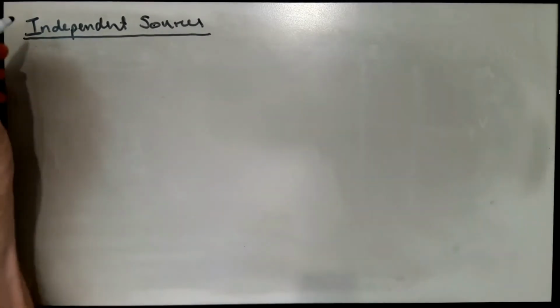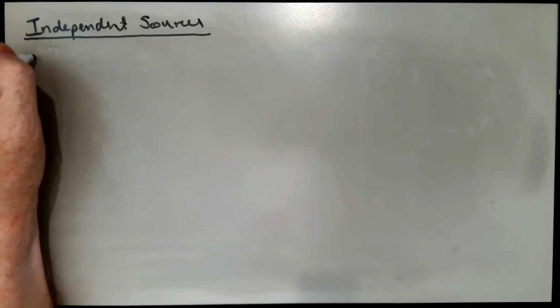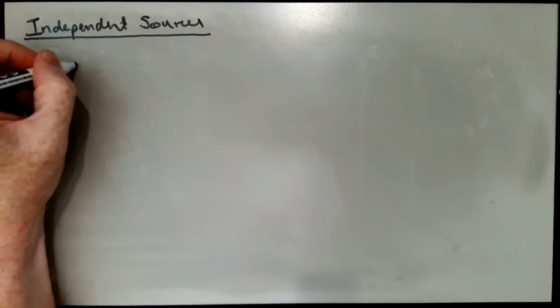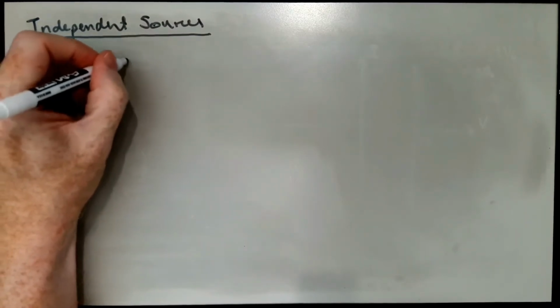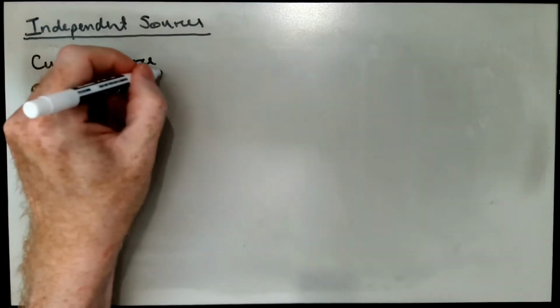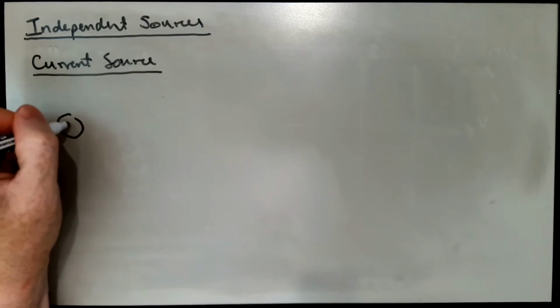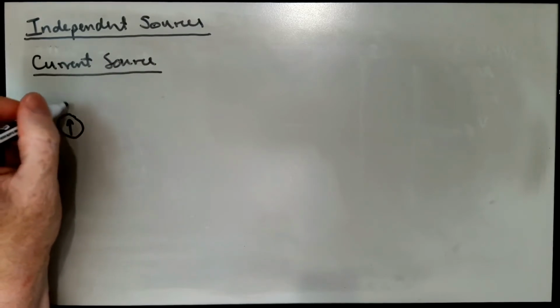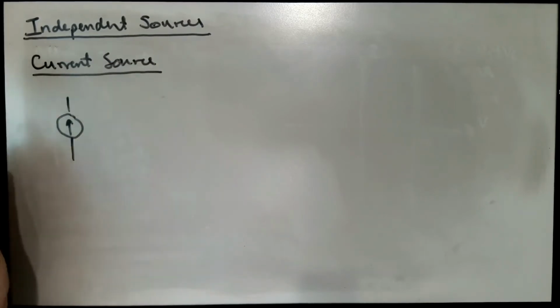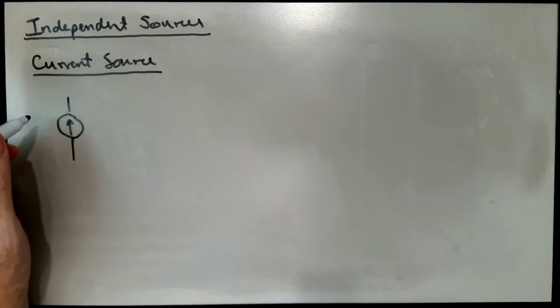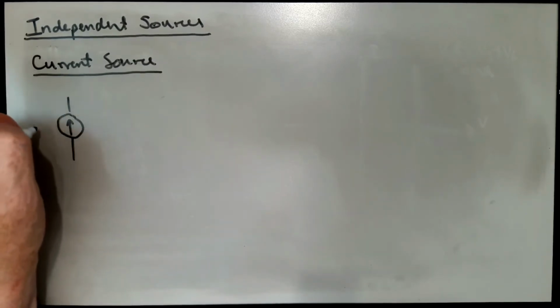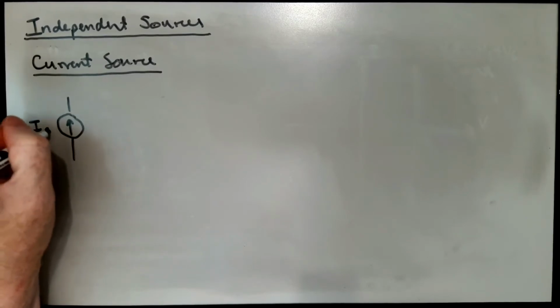Our second type of independent source is going to be an independent current source. In a current source, we're going to denote it by a symbol that looks like this. We've got a circle with an arrow pointing that way, and it's going to be producing some specified value Is.